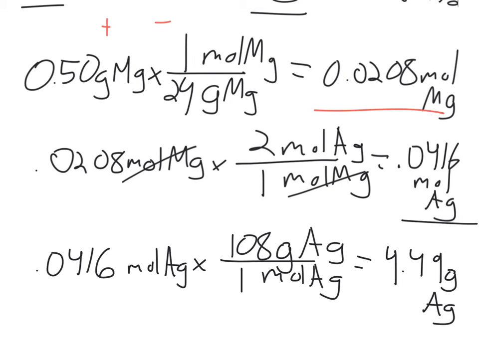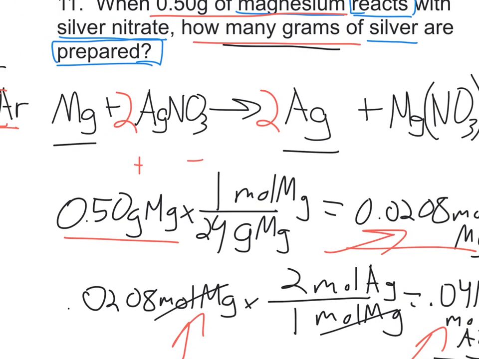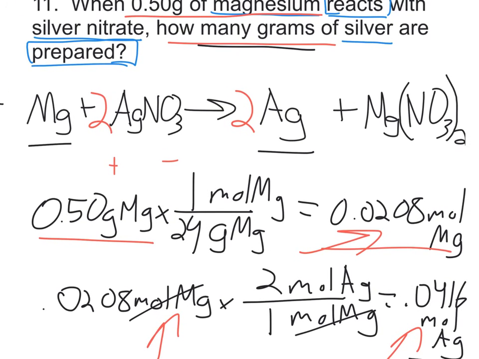Okay, that's a standard stoichiometry problem. We started up here with the unit they gave us, 0.5 gram of magnesium. We had to change that into moles first so that we could use the moles of magnesium to convert to moles of silver. Okay, because this chemical equation, magnesium plus 2 silver nitrate goes to silver plus magnesium nitrate, is only good in moles.